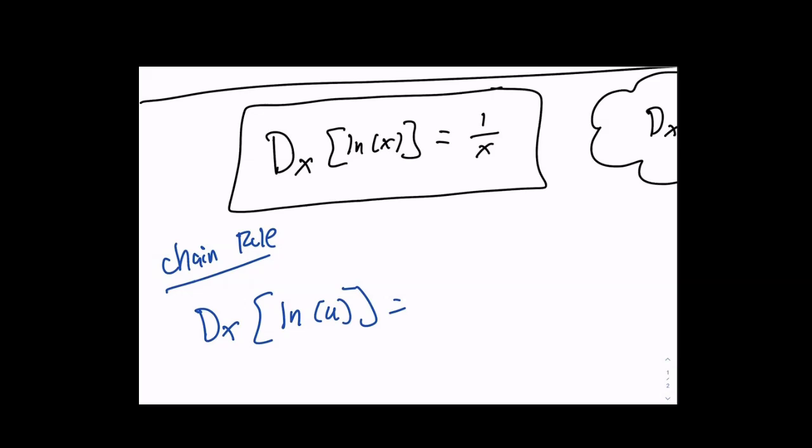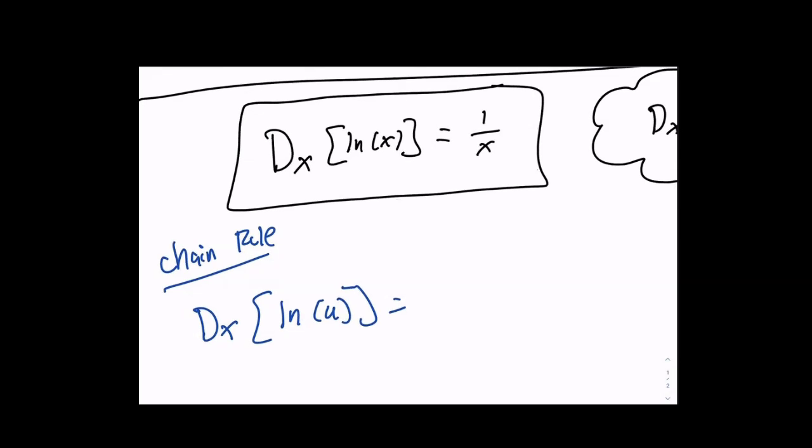Maybe it might be 1 over x. Well, there's no x. There's no x, so u. Yep. 1 over u. And then the chain rule part. And then times the u prime or the dy over dx, something like that.